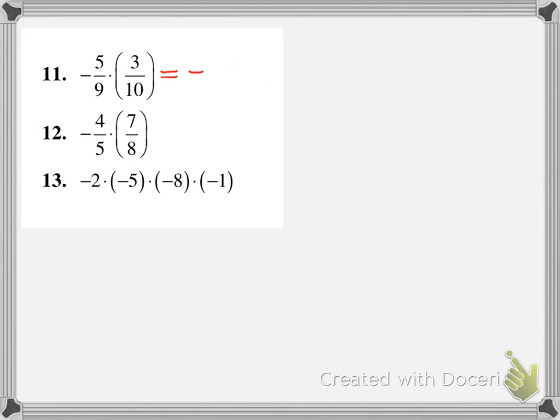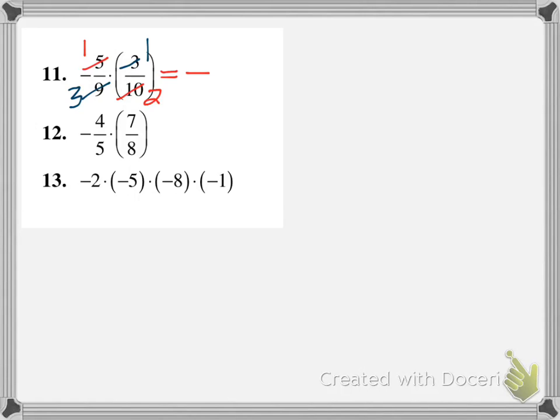The other way that you can do this is to do some cross-canceling. Again, I know my answer is negative, so I'm not even going to worry about the sign. I have 5 and 10, so I can do some reducing before I multiply. 5 goes into 5 once, 5 goes into 10 twice, and then the other two numbers, 9 and 3: 3 goes into 3 once, and 3 goes into 9 three times.